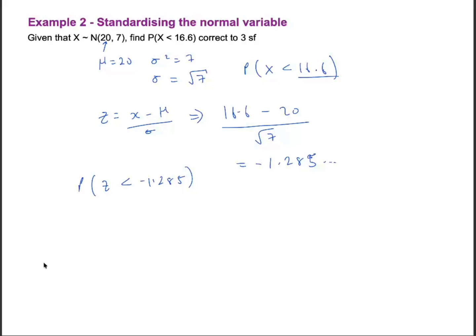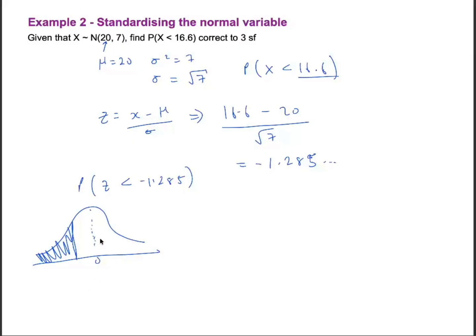And remember, what visually this looks like is if you have the bell curve, with this being our mean, which is 0, the standard mean, then this is going to be towards the left of it, somewhere here, let's say. And we want to find this as our probability. That's going to be the area that is going to give us our probability.